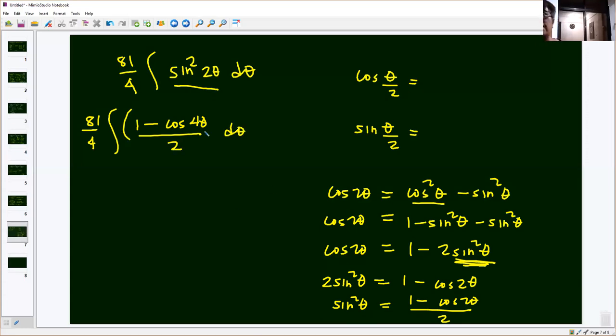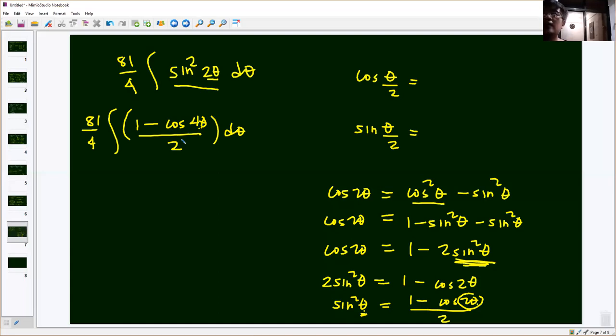When you follow that, look at what happens to the angle. Theta is half of 2 theta. So using this identity, that is 2 theta, sine squared 2 theta. This is sine squared theta. Dapat, yung nandito should be double that. So that's why 4 theta ang nandito, double that. Follow that, guys?